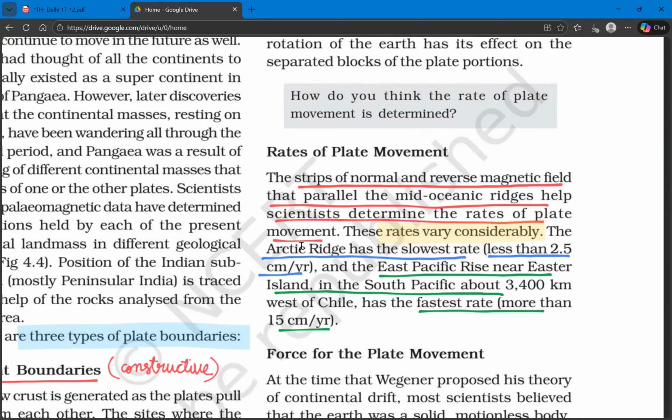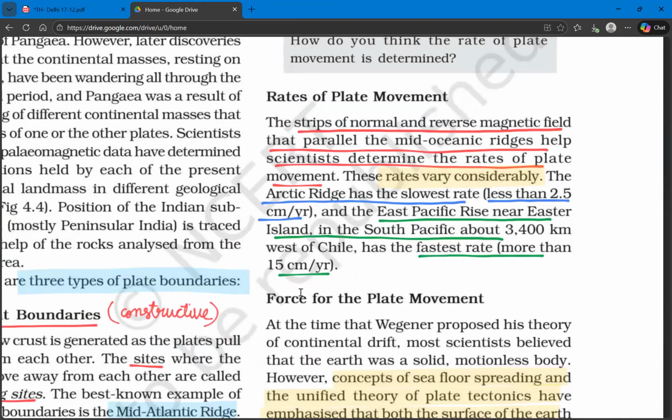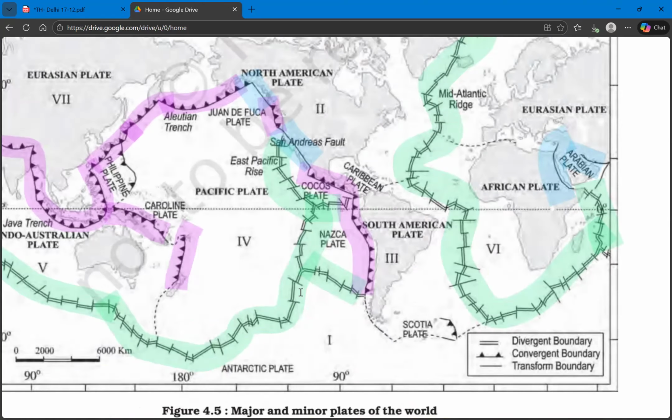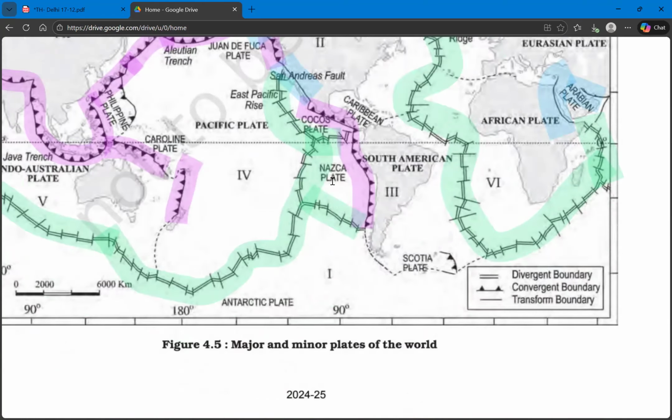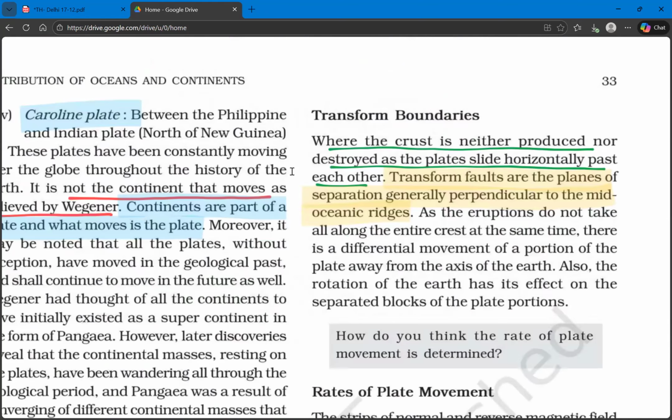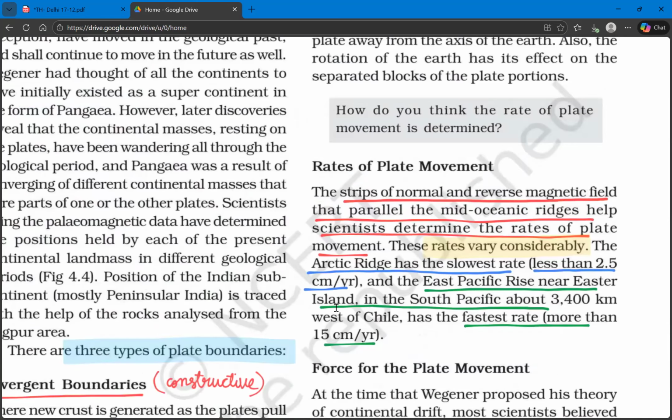If we see, Arctic ridge has the slowest rate, which is less than 2.5 centimeter per year. But when it comes to East Pacific rise near Easter Island, which is in Pacific Ocean, along here, Easter Island, East Pacific rise near Easter Island in the South Pacific, about 3,400 kilometers west of Chile, has the fastest rate, that is more than 15 centimeter per year.